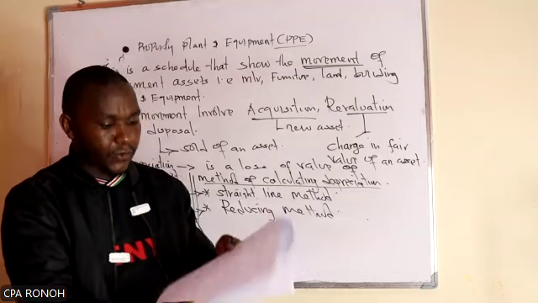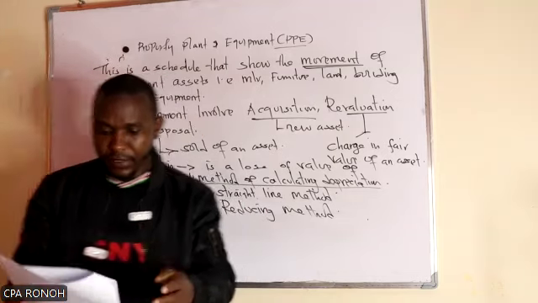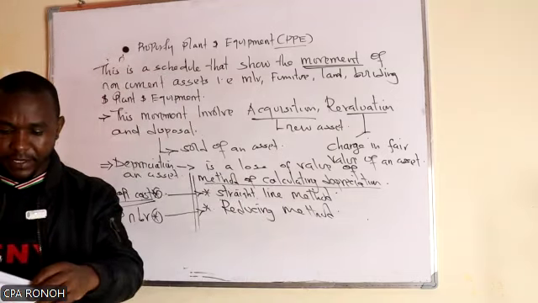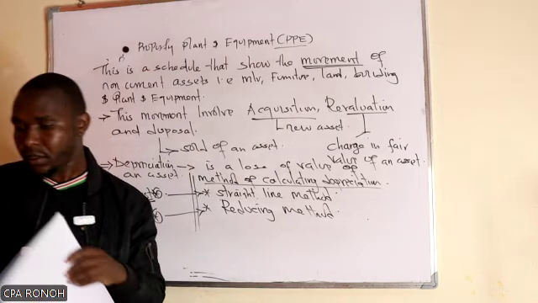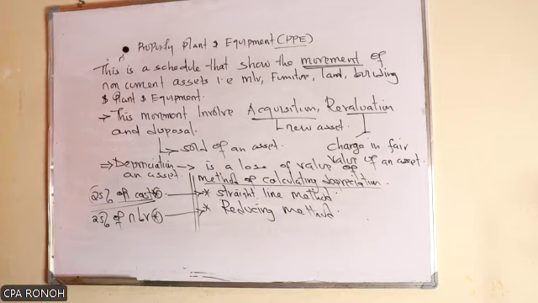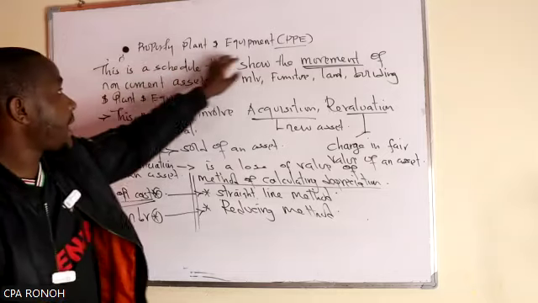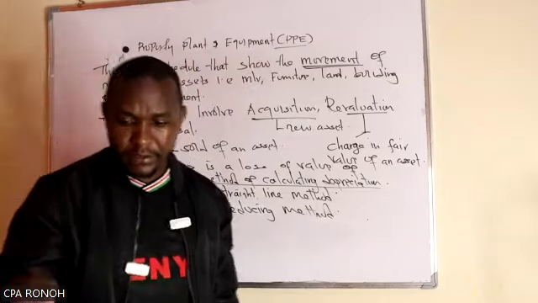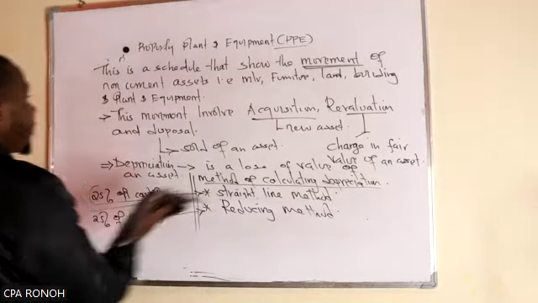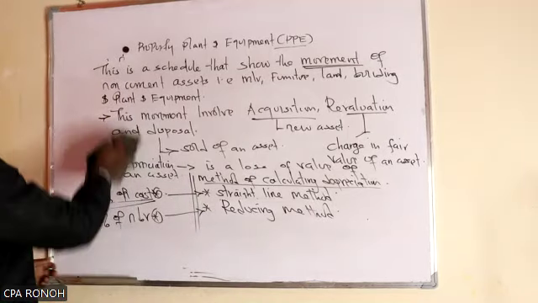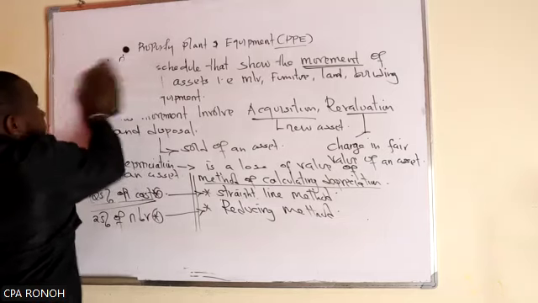The person who prepared this financial statement may use a certain format. So this property, plant, and equipment is part of the working when you do any audit. So don't take it as class only.